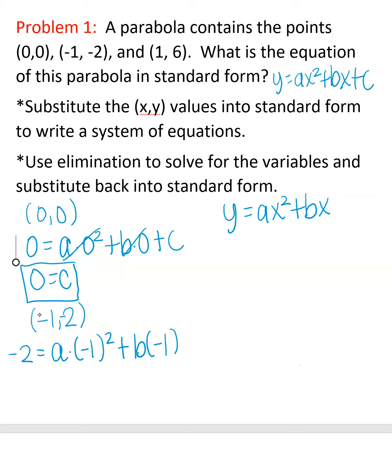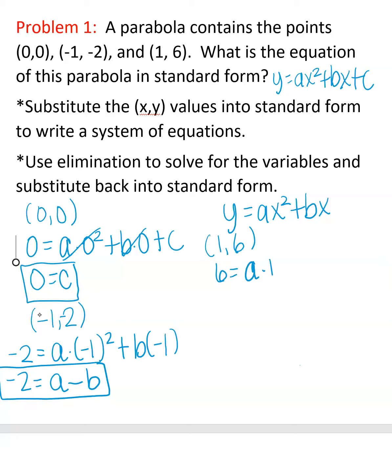Remember, c was 0, so we're leaving that off. -2 equals 1a minus b. That's one of our equations that we need. The other one is found using the (1, 6). 6 goes in for y, 1 goes in for x. Simplify it and you get 6 equals a plus b.